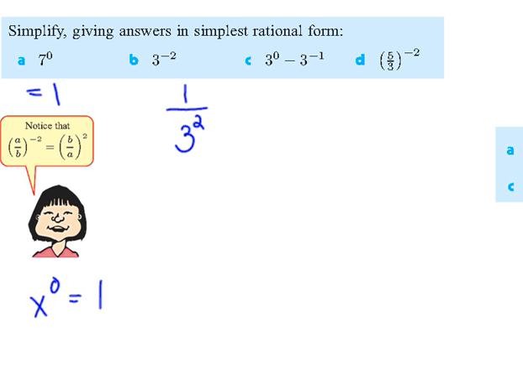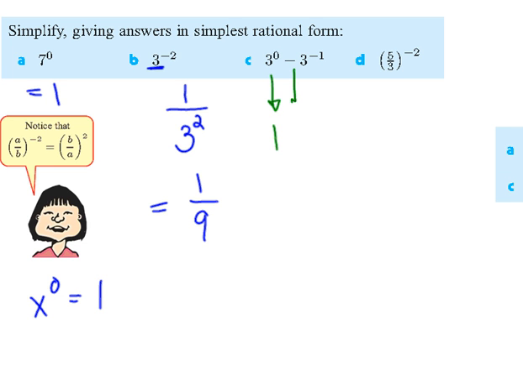All we do is, this was originally in the numerator, so it moves to the denominator and the power becomes positive. And to hold that place value, we put a 1 in the numerator. We can then simplify that further. That's 1 over 9.